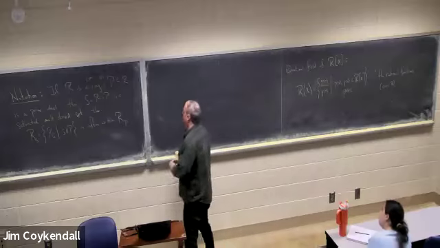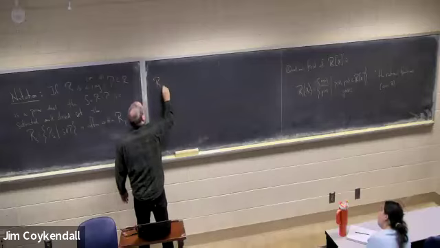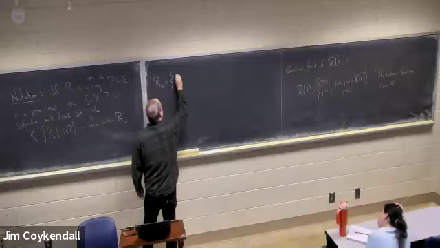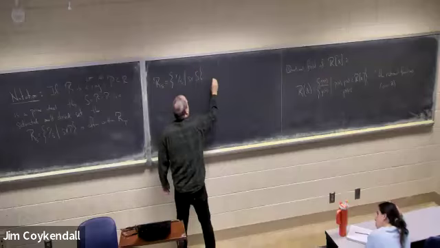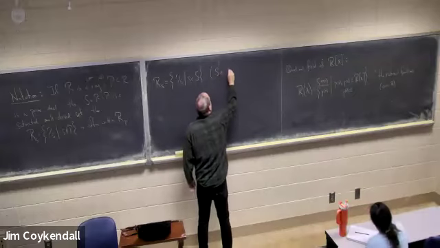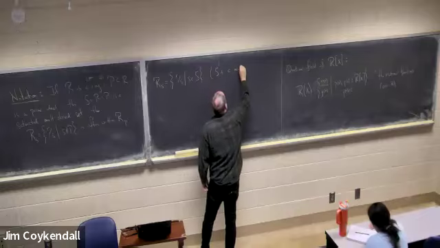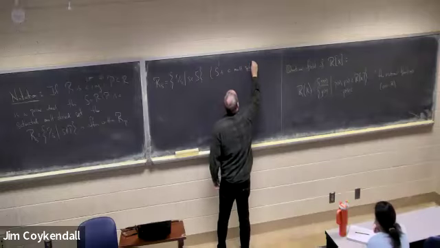So let me make the distinction. R_S is the set r over s, where S is a multiplicative set.